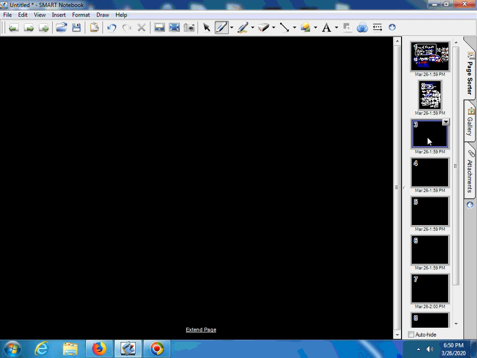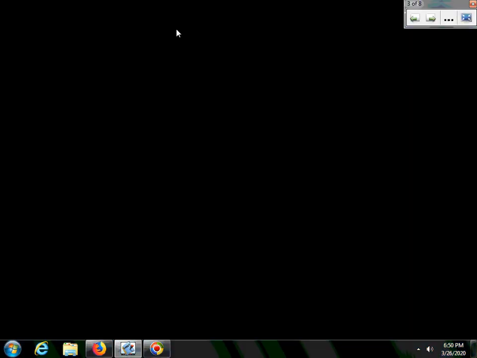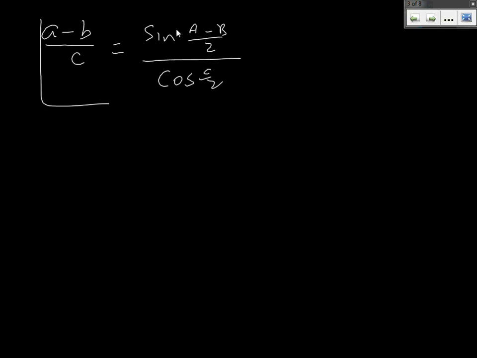The second theorem goes on to say the following. It says that (a minus b) over c is equal to the sine of (a minus b) over 2 divided by the cosine of c over 2. This is what we want to prove.